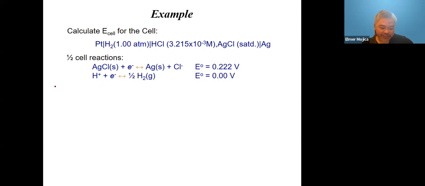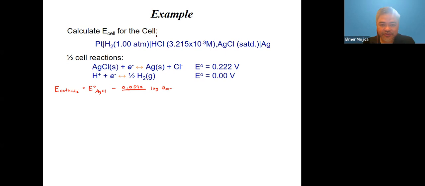So what we'll do here is work on the cathode first. We get the reduction potential of silver chloride, minus 0.0592 over n. What is n here?